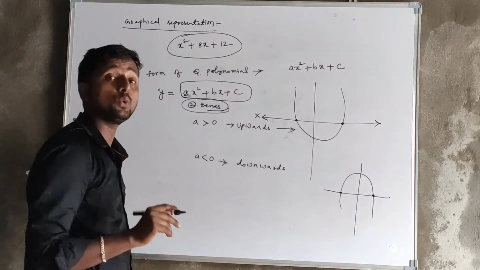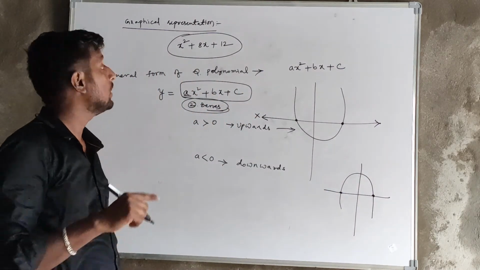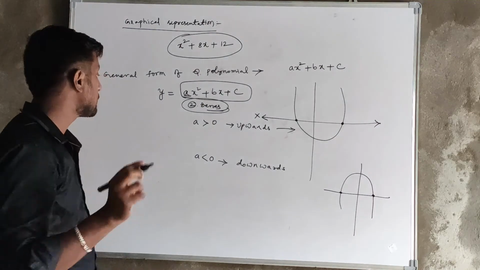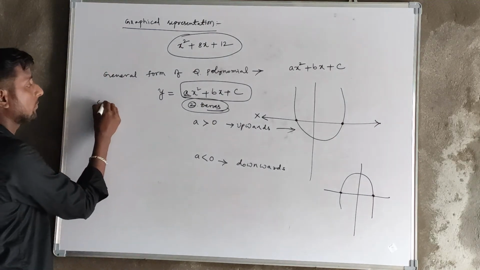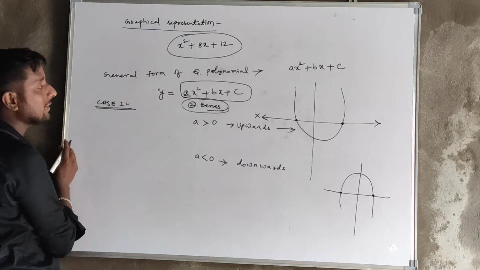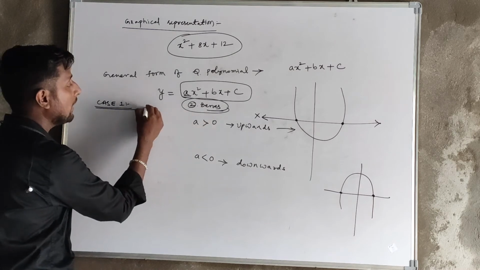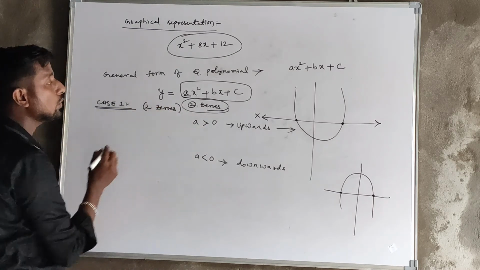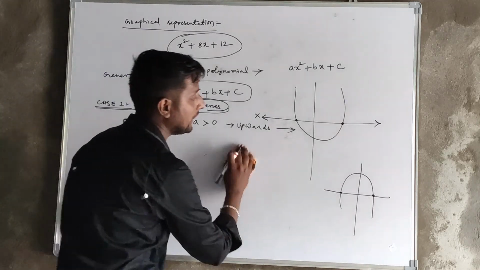When you represent the quadratic polynomial graphically, three cases can happen. Case 1, the quadratic polynomial may have two zeros.